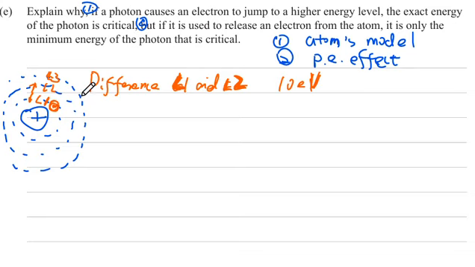So originally this electron is on the ground level, level 1 here. It's like revolving around this proton. And if it receives this energy of 10 eV, it should immediately jump to level 2.